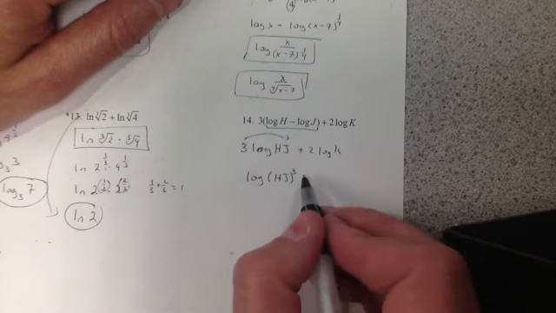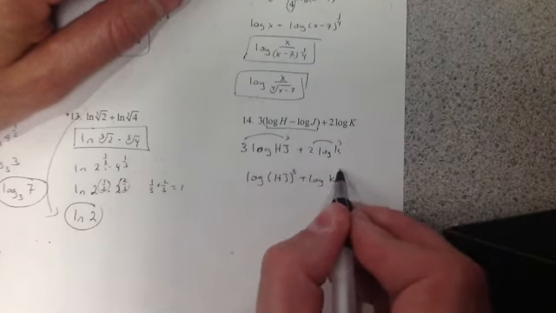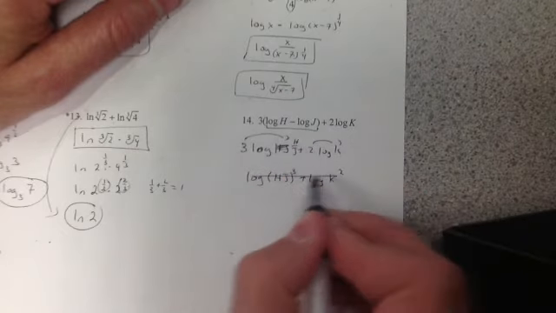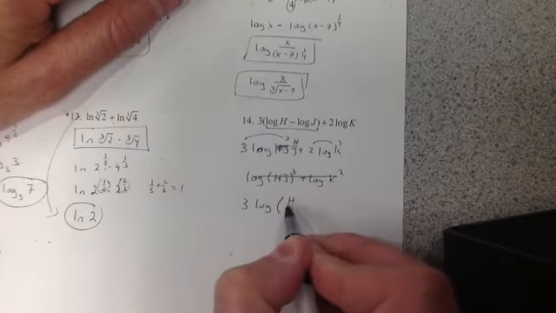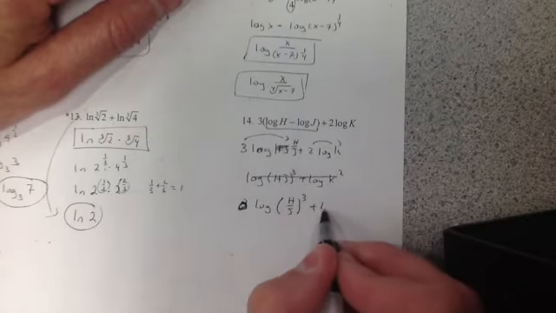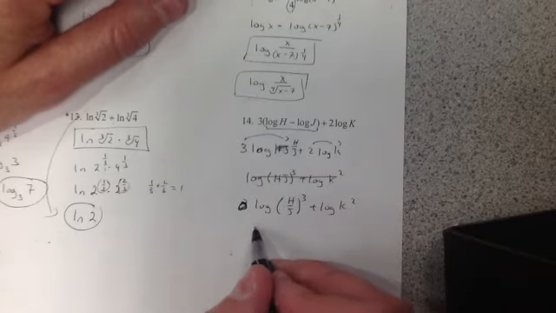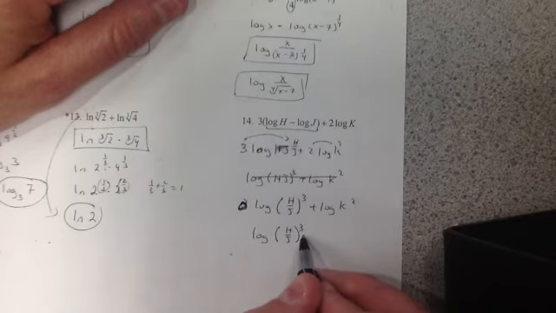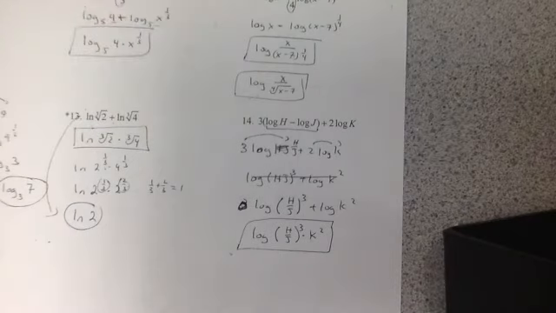You have to use the parentheses, plus the log of k squared. Oh, it should be h over j. Thank you. H over j. So let me rewrite that. This should become the log of h over j cubed. Don't need the 3 there anymore, I guess. Plus the log of k squared. And now I'm going to multiply them together. So we get the log of h over j cubed times k squared, and that would be our answer right here. Ooh, that's a weird one.